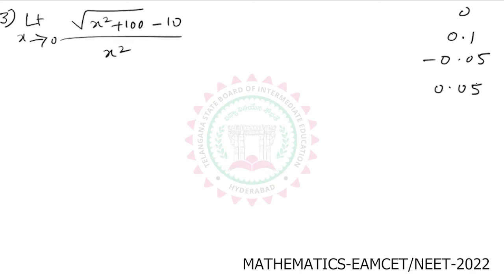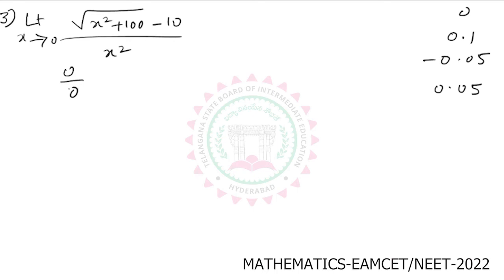So these are the 4 options, right? Now, what is being given? x tending to 0. Suppose we apply x tending to 0, this is 0. 0 plus 100, 100. Square root of 100, 10. 10 minus 10, 0. So 0 by 0. So again, I am getting an indeterminate form, right?